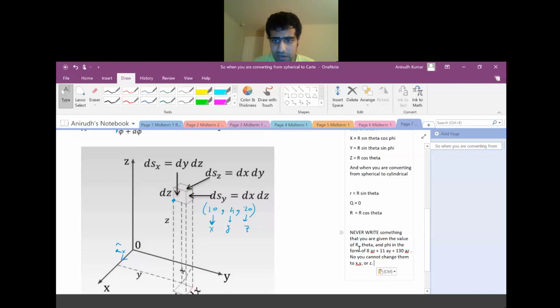You cannot change r, theta, and phi and make them correspond to x, y, and z. No, you cannot do that. And you cannot say that r is equal to 8, theta is equal to 11, phi is equal to 130.